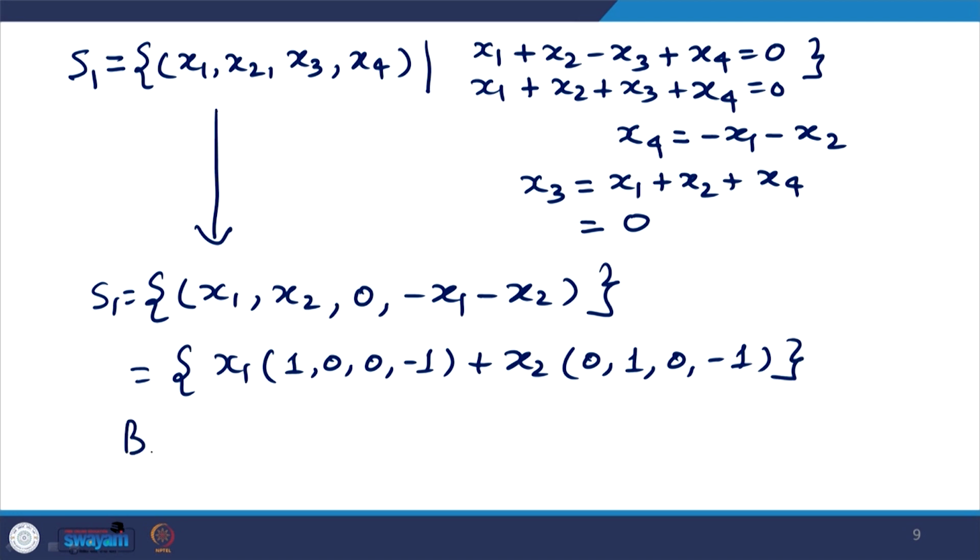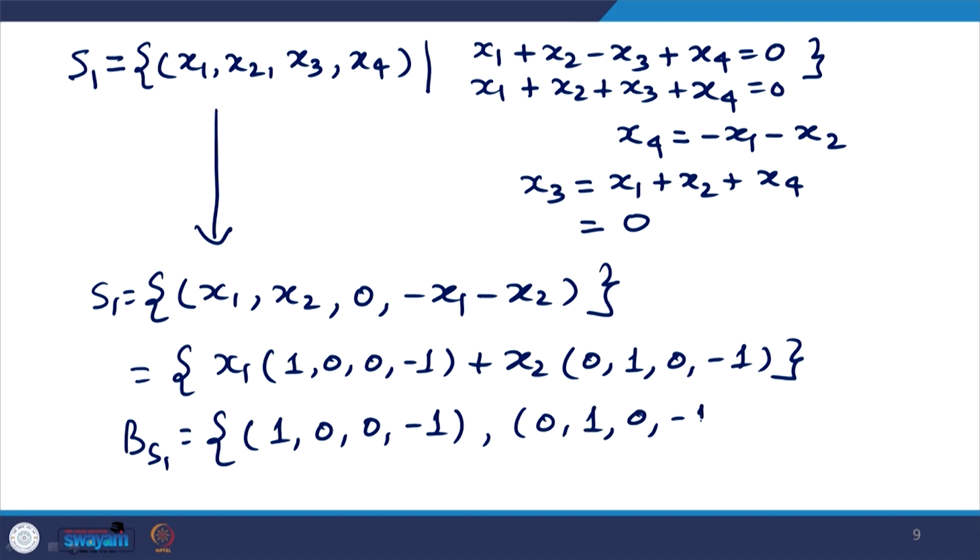So, here basis of S1 is (1, 0, 0, -1) and then (0, 1, 0, -1). Hence, the dimension of S1 is 2.